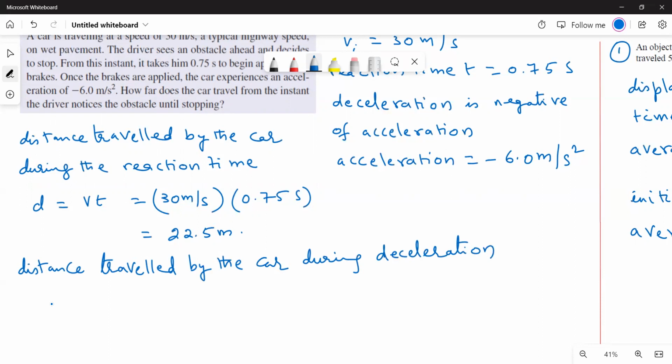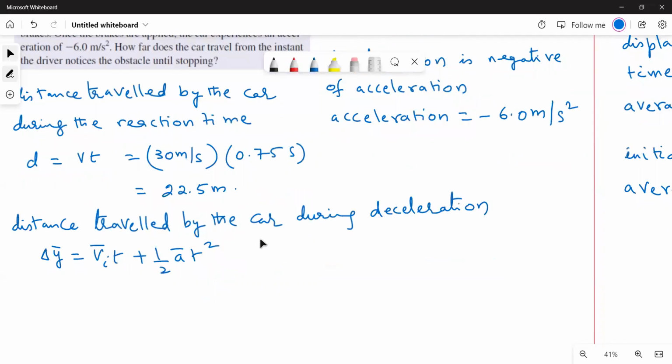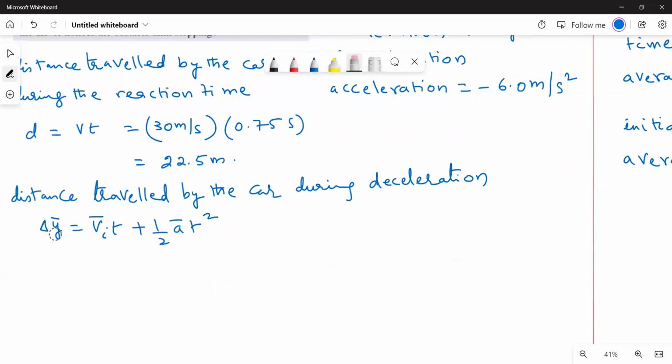How to find it out? We have to find delta y is equal to ViT plus half AT square. This is the kinematic equation we have to apply to find the distance. Or we will write it as d is equal to ViT plus half AT square.